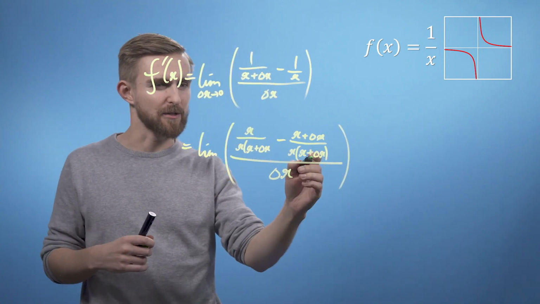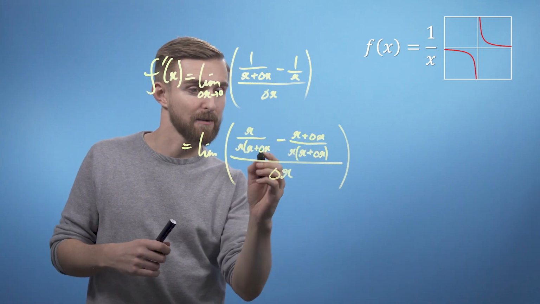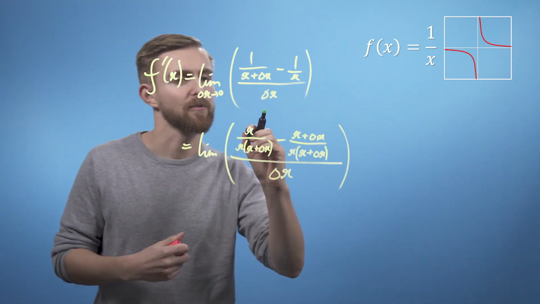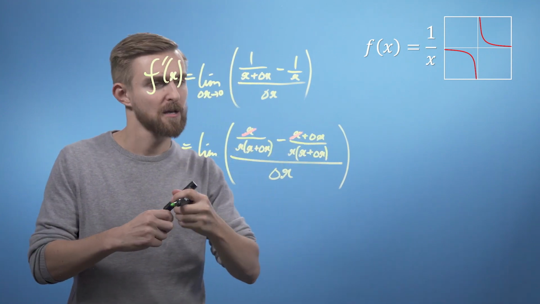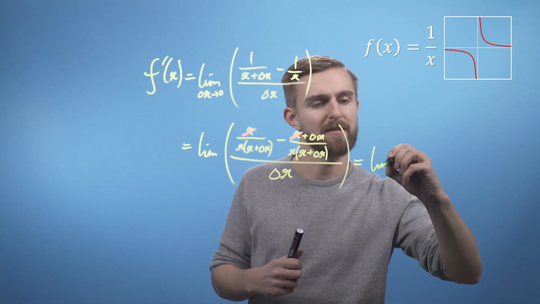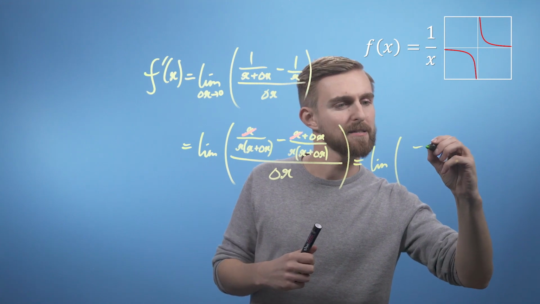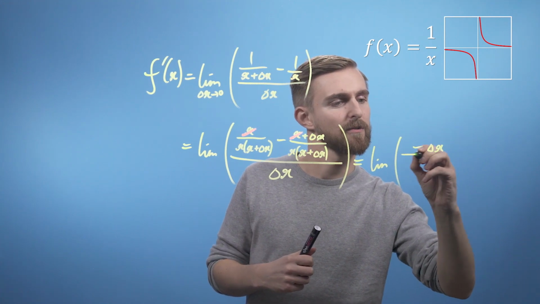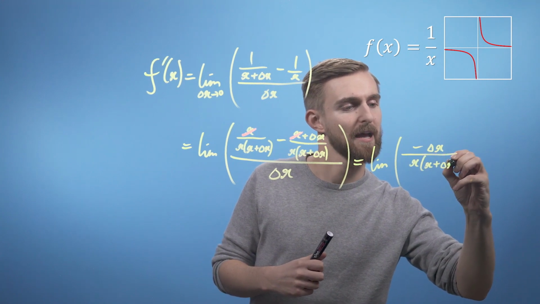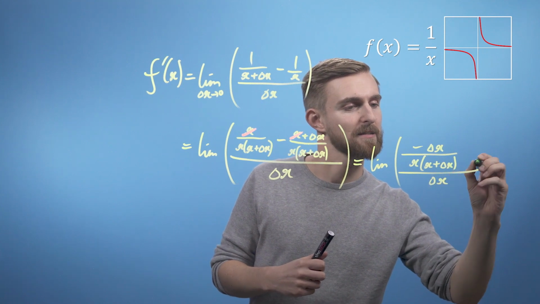Now looking at these two, we can see that we've got an x and a minus x, both with the same denominator. So we can subtract these now. So this cancels with this. So we can say, okay, this thing is going to be the limit of minus delta x divided by x(x plus delta x), all divided by delta x.